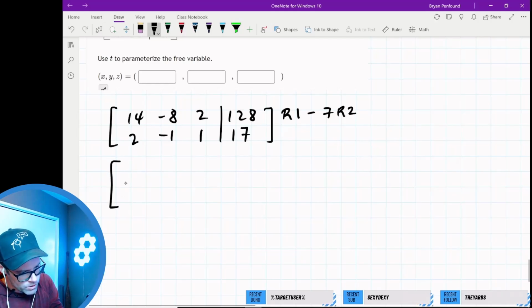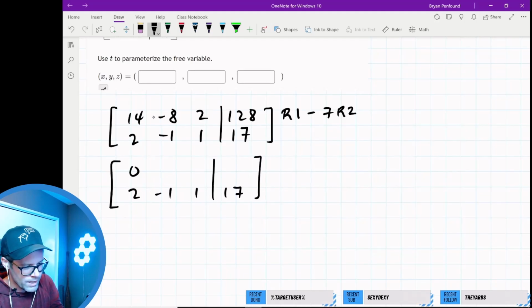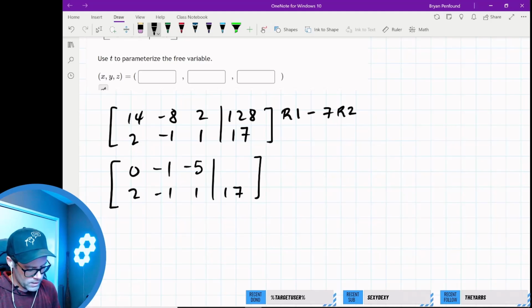So 14 take away 14 should give me 0. Then I have -8 plus 7, which is -1. 2 take away 7 is going to be -5. And then here's the one I'm curious about. We need 128 take away 7 times 17, so that reduces down to 9 for us.